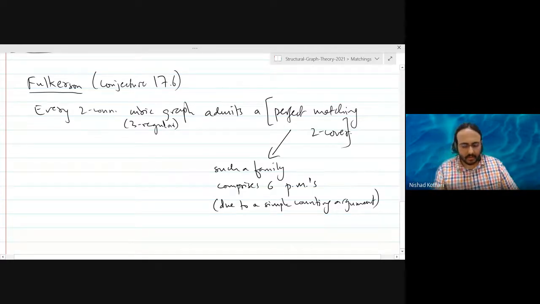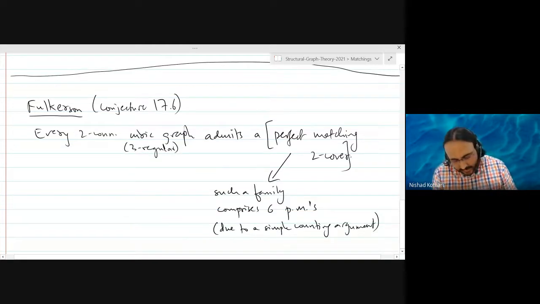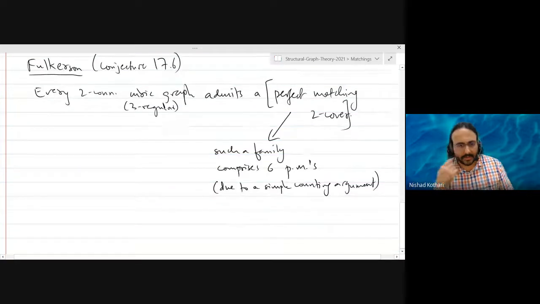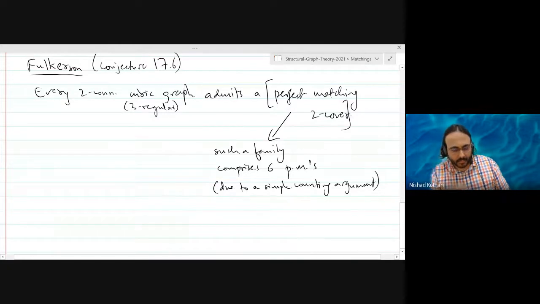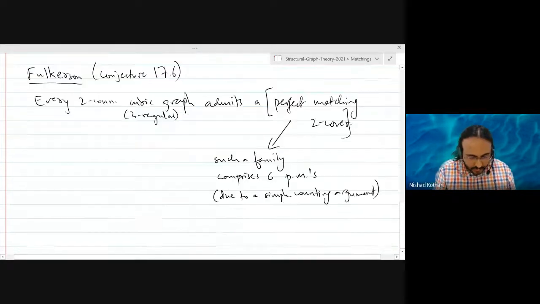In most versions of the Fulkerson conjecture, they say that there are six perfect matchings that cover all the edges, each one exactly twice, but the fact that it's six is just a consequence of the definitions. This is an open problem.